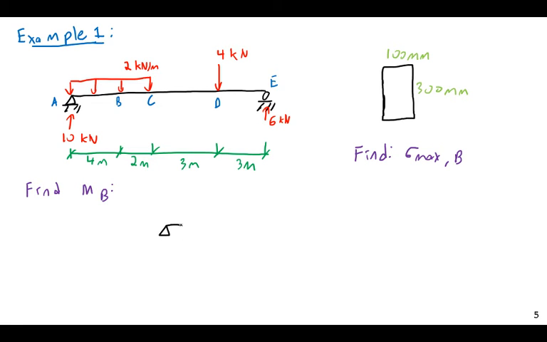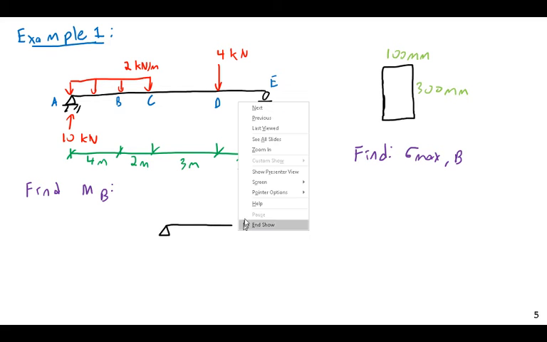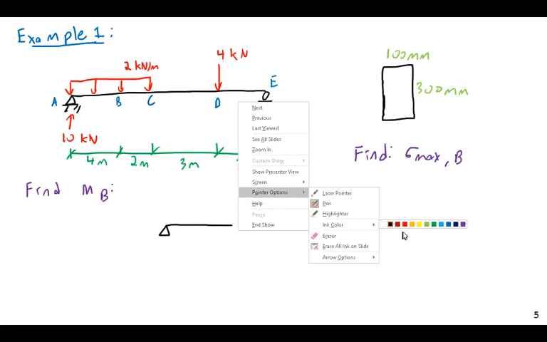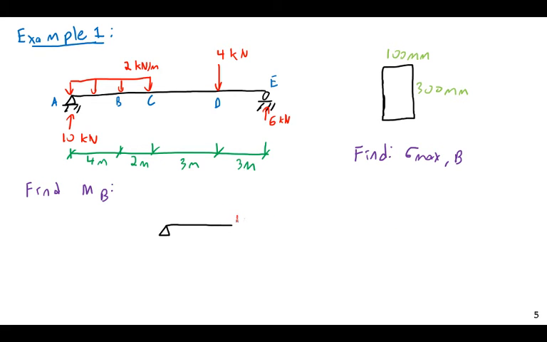I am going to go across like this and just cut it at B. Again, I'm going to assume positive shear and positive moment, which looks like this. VB and MB.